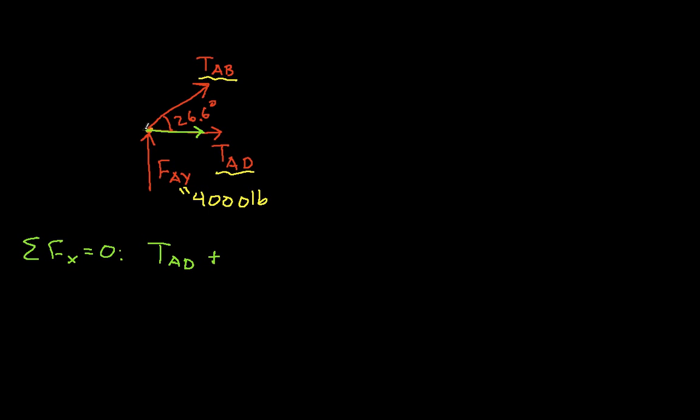And you can see if I have TAB being this length, and I've got a right triangle here, the x component of that is going to be TAB times cosine of 26.6 degrees, and this has to equal 0. Okay, so that's the sum of forces in the x direction.